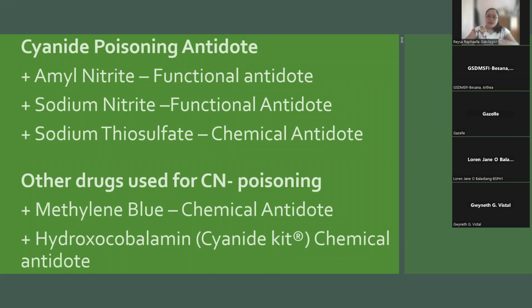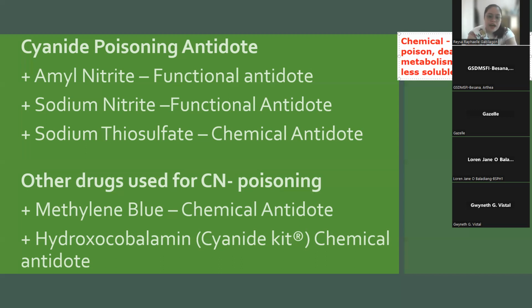Si chemical antidote class ganito, it will really act on the poison itself, and it can deactivate the poison, or it can induce metabolism wherein the metabolite produced is less toxic or it's less soluble, or pwede ding it will have a lesser affinity to, example, yung kagaya sa carbon monoxide na it has a greater affinity to the red blood cells compared to the oxygen. Okay? So yan yung chemical antidote.